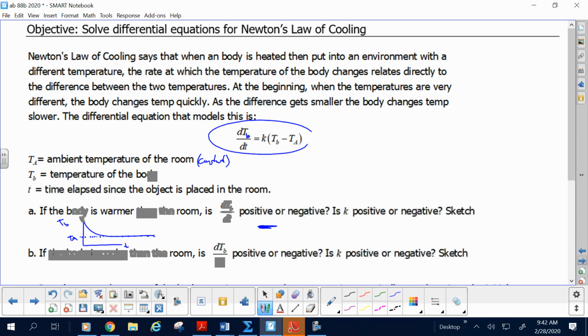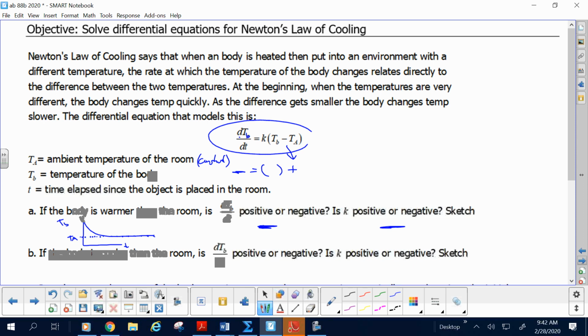Negative. If the body is warmer than the room, then T sub B minus T sub A is positive. So K has to be the source of the negative. That makes sense. So when it's decaying, K is negative. Negative exponent. We'll see.